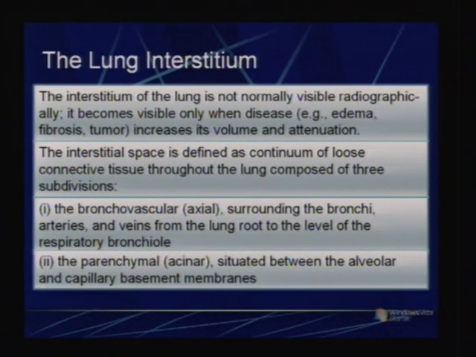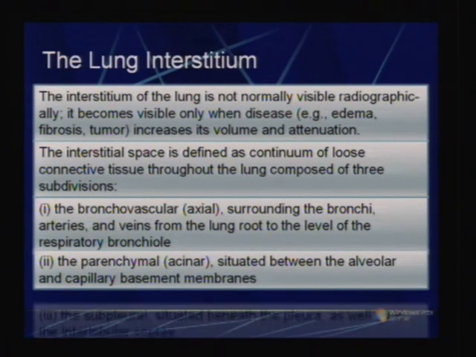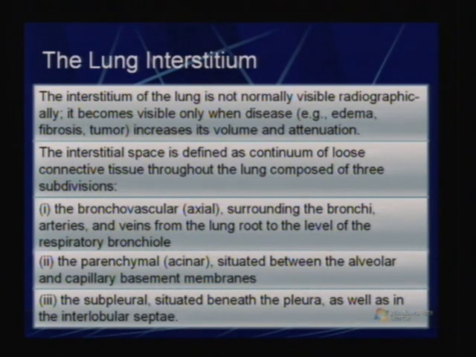The second component is the interstitium around the lung parenchyma, or around the alveoli, and is usually situated between the alveolar and the capillary basement membrane. And the third component of the interstitium is subpleural, that is the one situated just beneath the pleural lining.